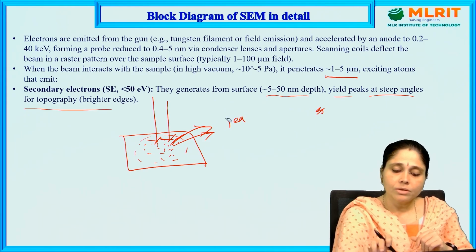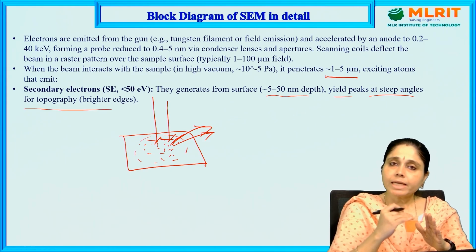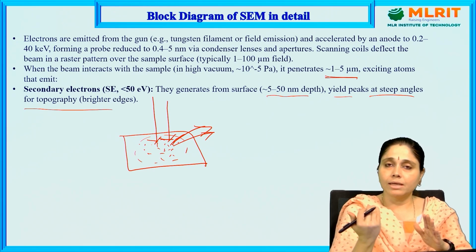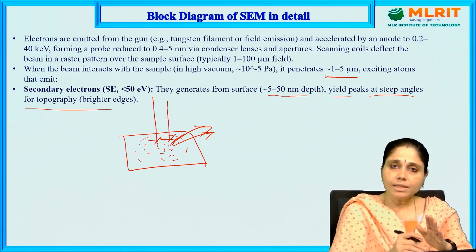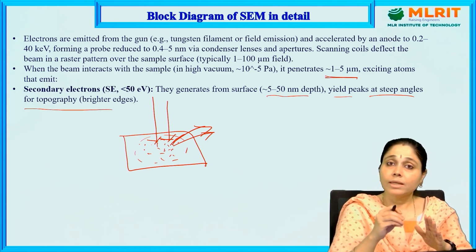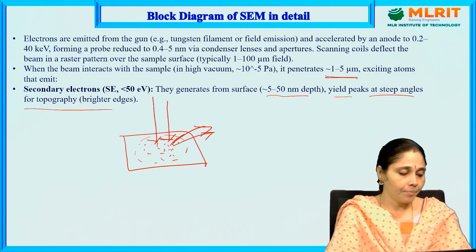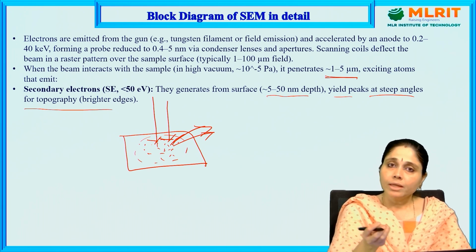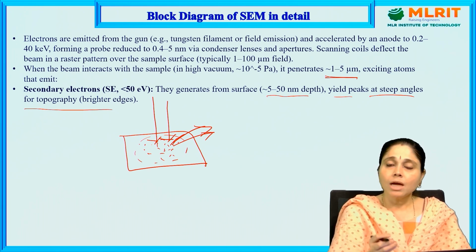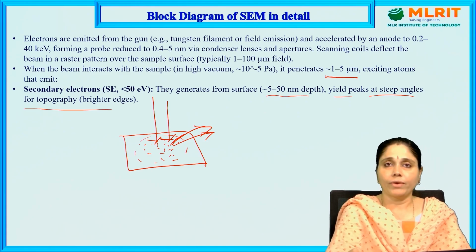So, what does it give? It gives information about the surface, how the surface is designed. So, the backscattered electrons or the secondary electrons will tell about the surface topography, even though the beam penetrates through the 1 to 5 micrometer range.